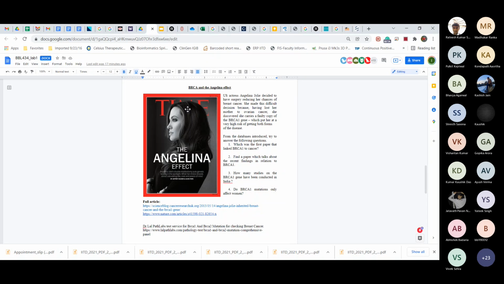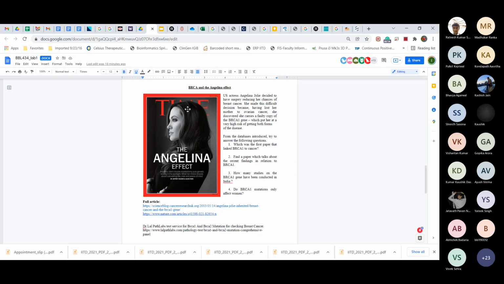The first question is, can you find the first paper that linked BRCA1 to cancer? This will help you explore PubMed, how to look at papers, and how to play around with the different settings in PubMed, such as sorting the papers by age.